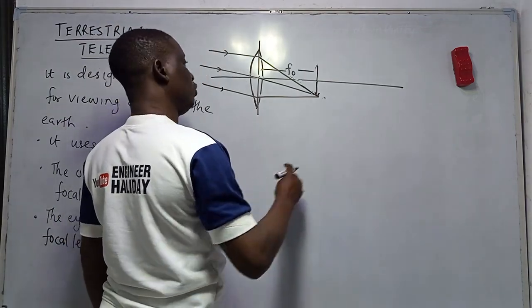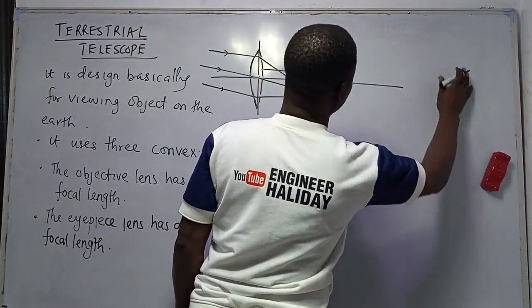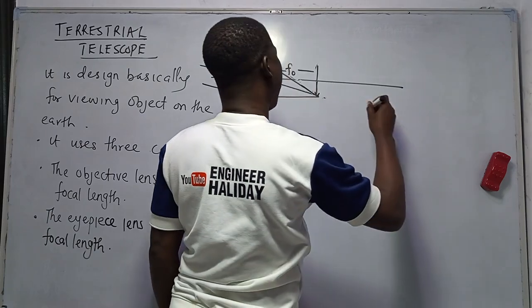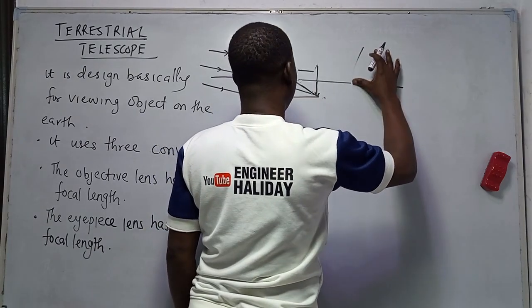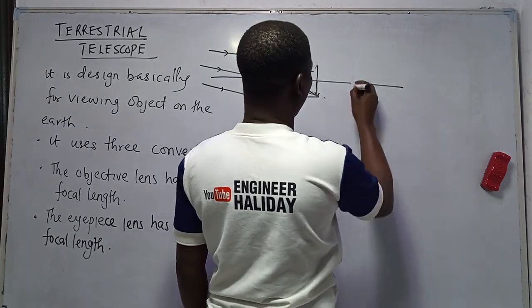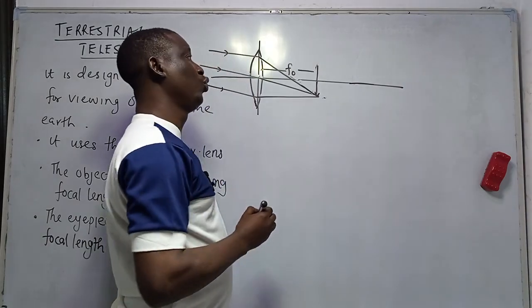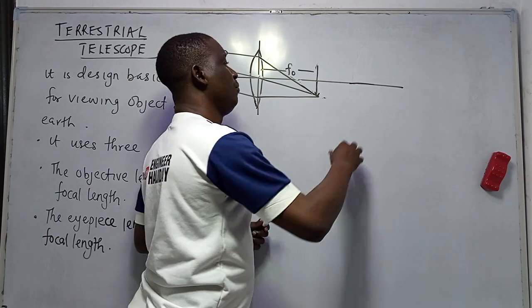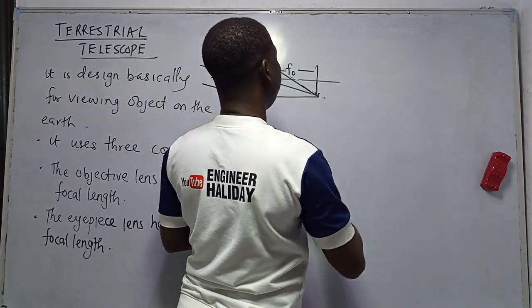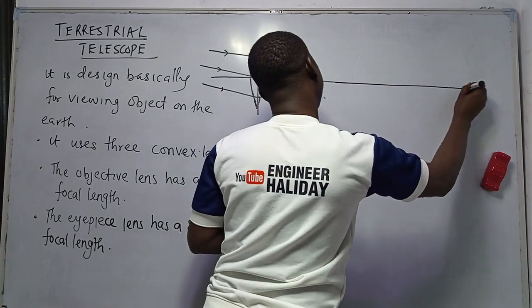Now what I'm going to do is to arrange the third lens to be at a distance of 2f, two focal lengths. That means the middle lens should be at 2f.